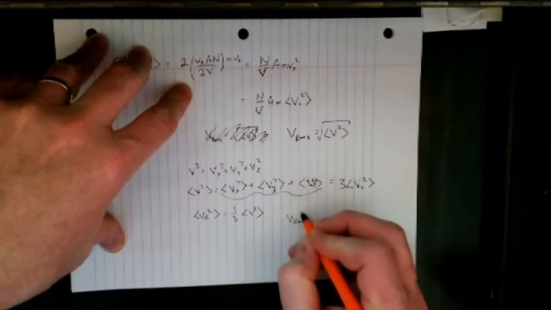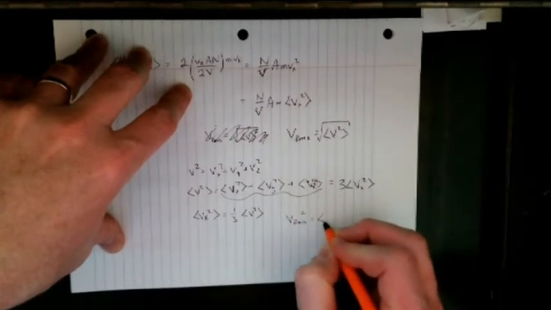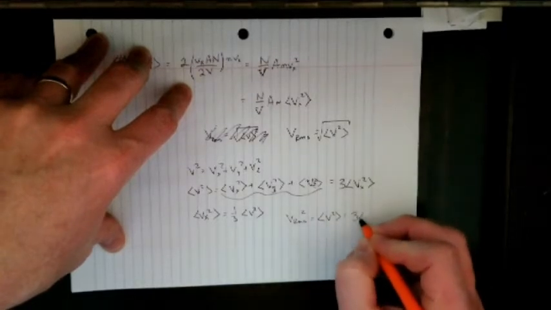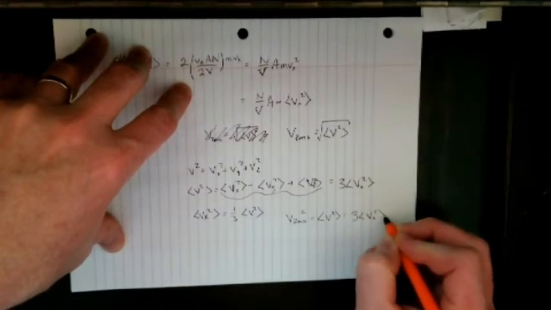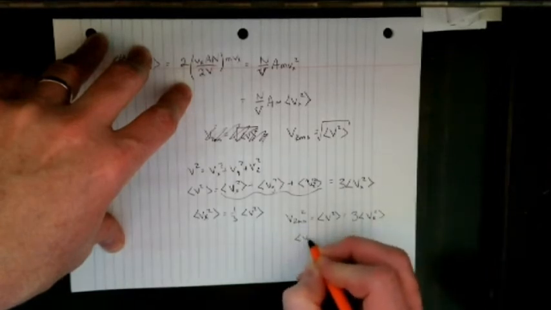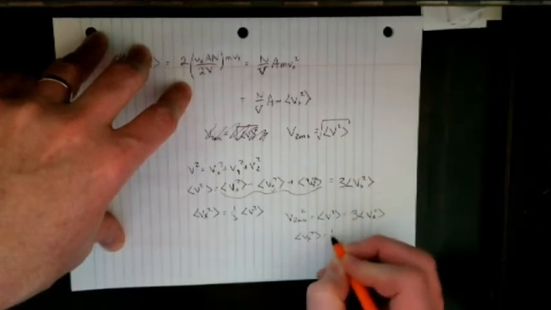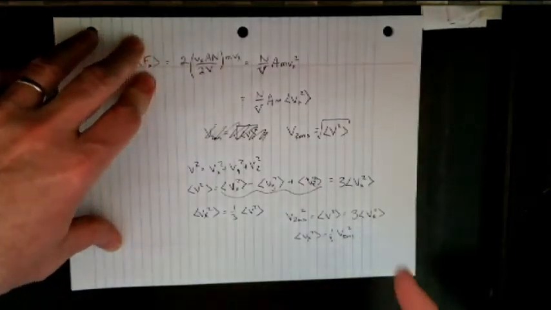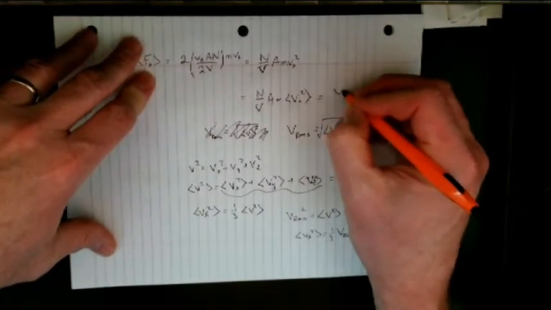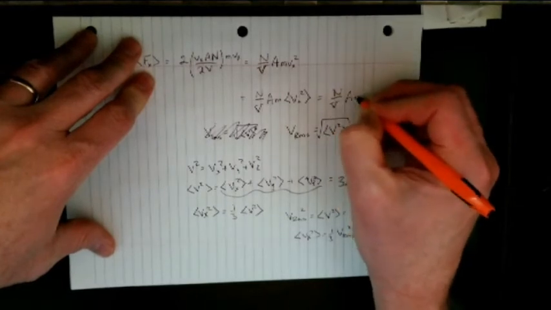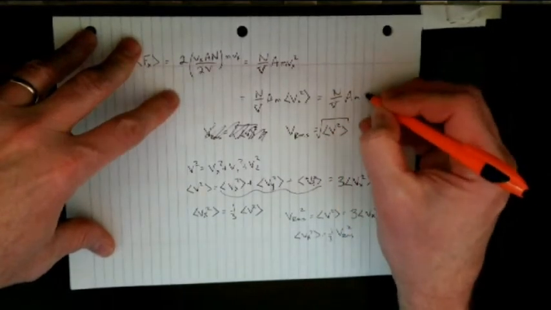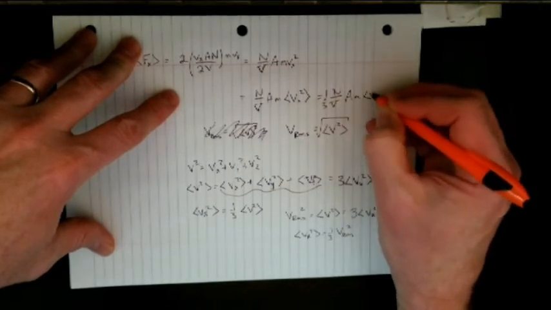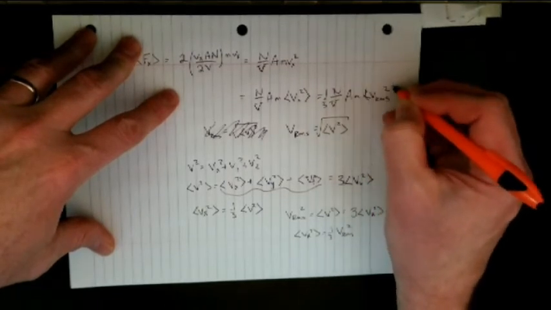VRMS squared, which is equal to the average value of V squared, which is 3 times Vx squared. I know it sort of went in a circle right there. So the average value of Vx squared should be 1/3 of VRMS squared. So now plugging back into here, we have N over V times m times 1/3 VRMS squared.